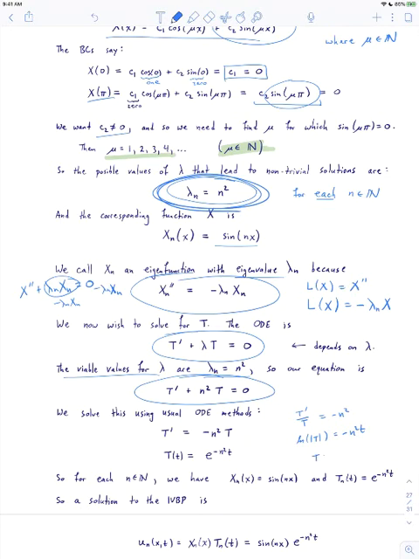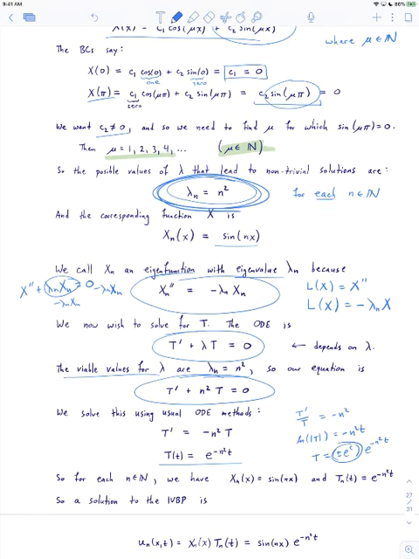Then you end up with T is equal to plus or minus some constant times e to the minus n squared t. This is some arbitrary constant, but we're going to ignore the arbitrary constants for the time being. We'll introduce them later, so we'll just write T at t equals e to the minus n squared t. Of course, any constant would work unless you had an initial condition.